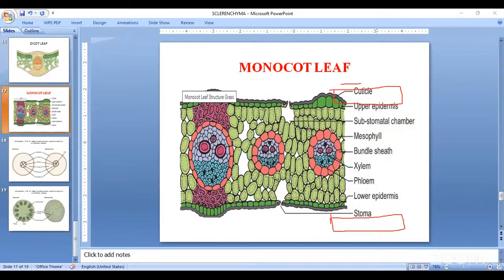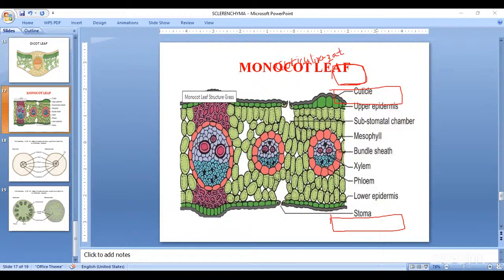In both cases, it is covered by the cuticle layer. Cuticle layer is present in dicot leaf and cuticle layer is present in monocot leaf. But in some monocots, that means waxy leaves, there is a small difference: cutinization in dicot, but in monocot some leaves have cuticularization.